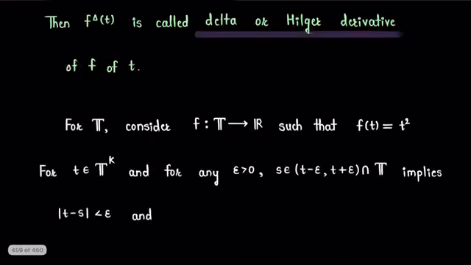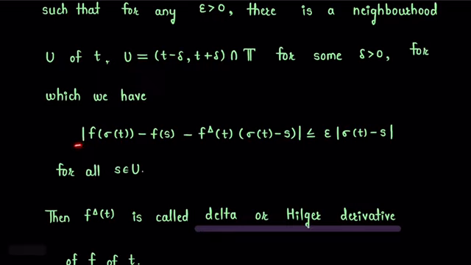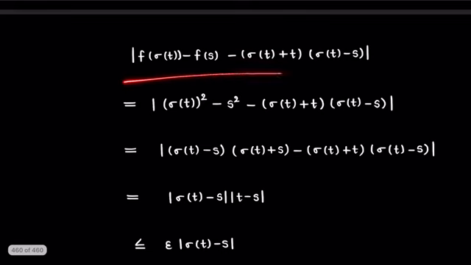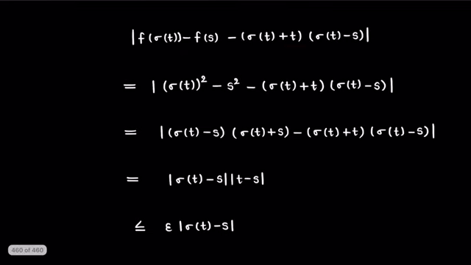So, here we are trying to satisfy this condition, where we have replaced f^Δ(t) by σ(t) + t. So, we get this. Now, further we have f(σ(t)) = σ(t)², since f(t) = t². Also, f(s) will be s². The σ(t) + t and σ(t) − s will remain as they are.